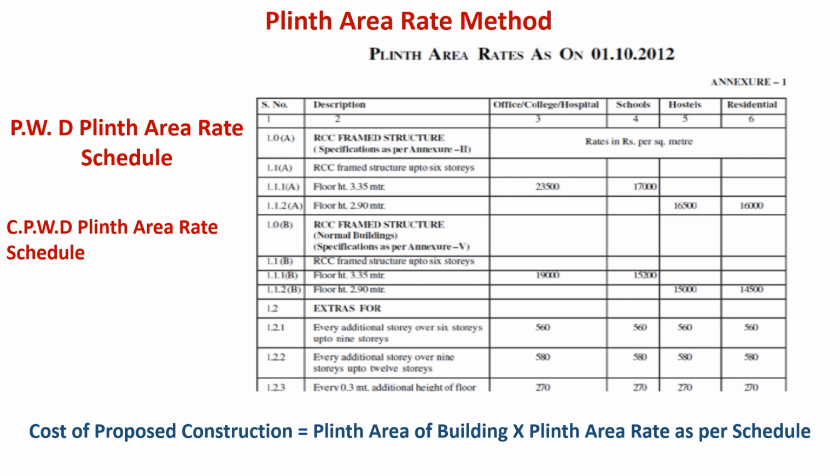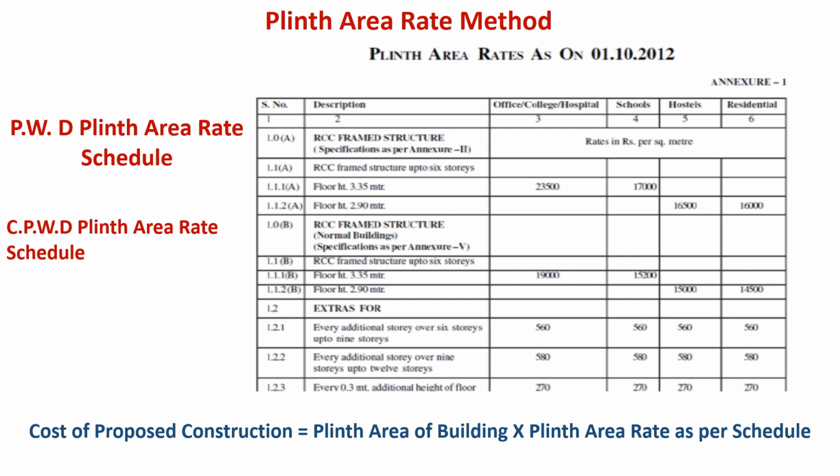In the second row, you can clearly see the RCC framed structure up to 6 stories, that is up to 3.35 meter height. The rate for an office, college or hospital building is rupees 23,500 per square meter. Similarly, for construction of a school building, the rate is rupees 17,000 per square meter.